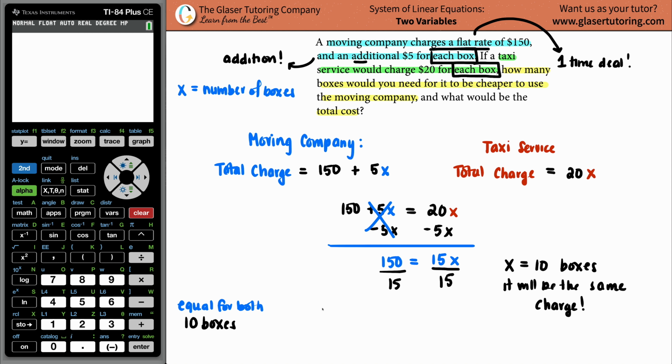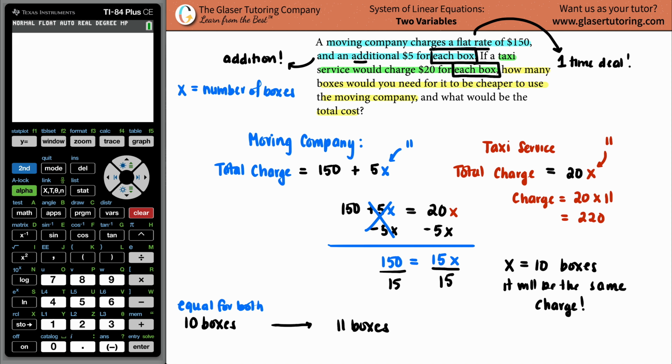What happens now if you have 11 boxes? Well, if we plug in 11 for this and 11 for that, this total charge, maybe we'll just say charge, to use the taxi service, 20 times 11, this is going to be $220.